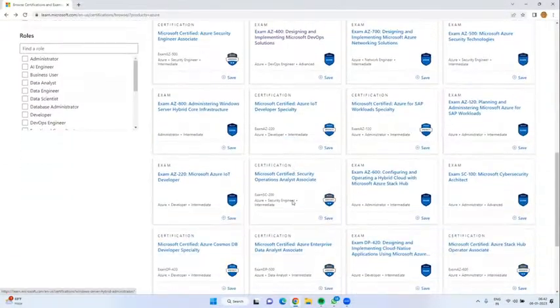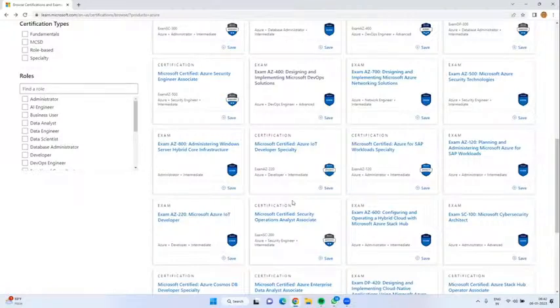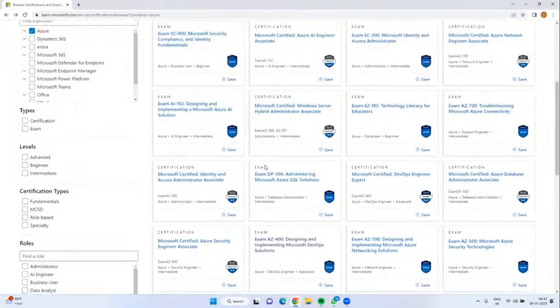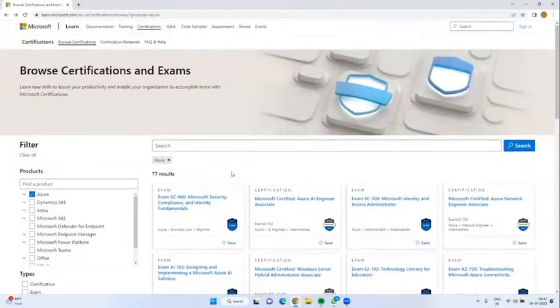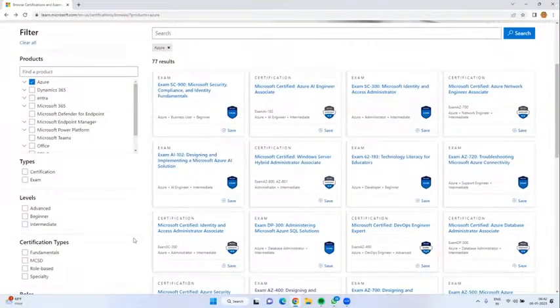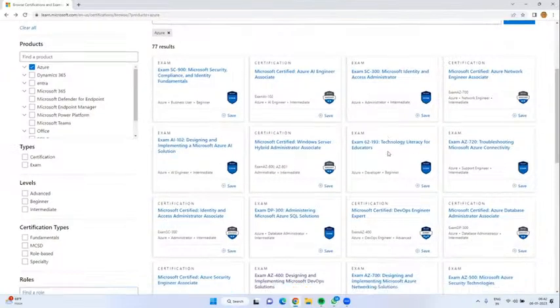We have artificial intelligence, administrator, developer, architect, data engineer, machine learning, cyber security. All different types of certifications are there. Based on your requirement, we can proceed, learn the technology, and get certified.